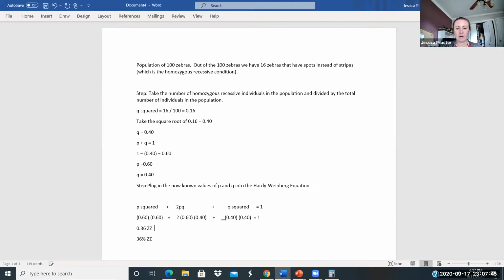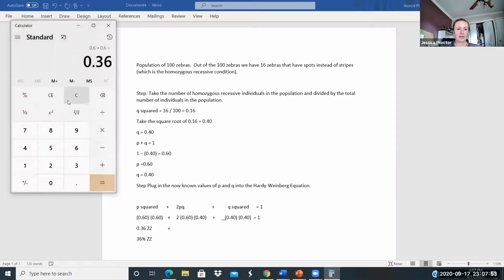All right, and then the middle part of our equation, the 2PQ. So on our calculator, we take 2 multiplied by the value of P, which is 0.60, multiplied by the value of Q, which is 0.40, which is 0.48.